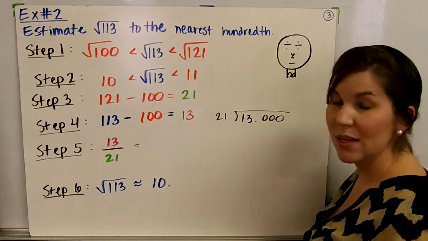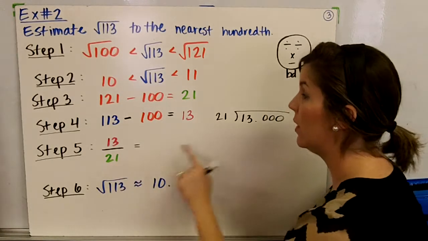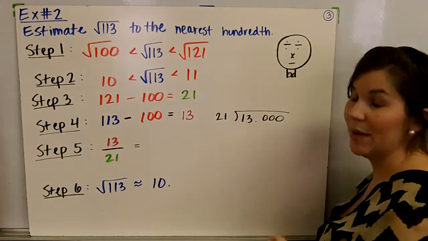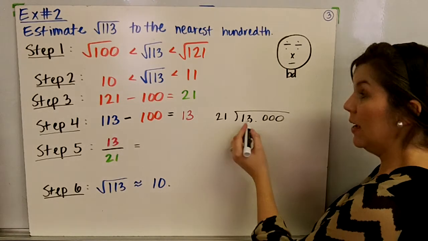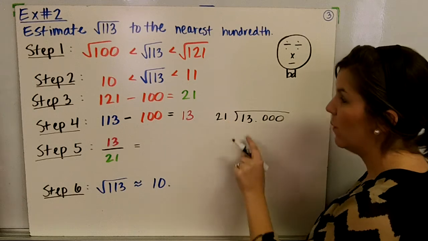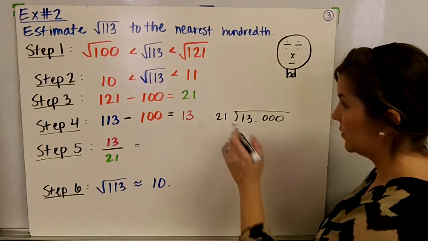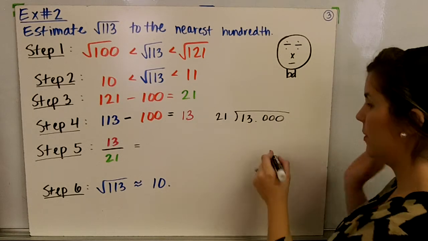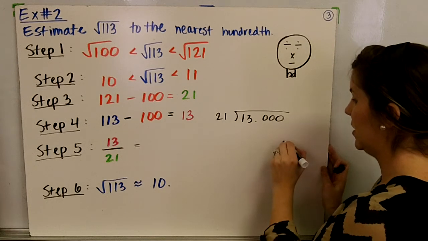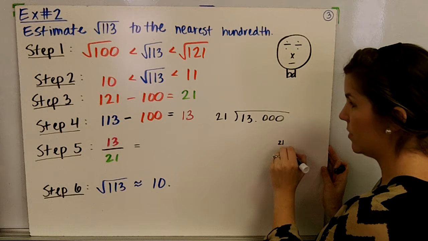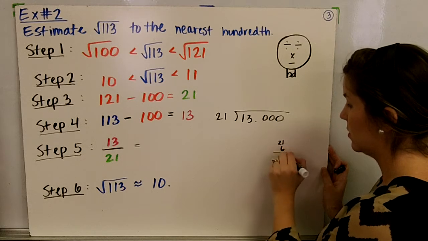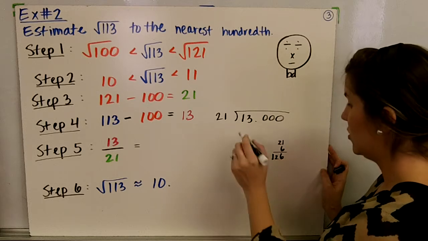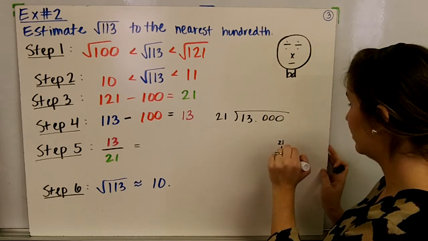And again, we can set this up and do it by hand. So 21 goes on the outside because it's in the bottom, and 13 goes on the inside because it's on the top. We need some extra zeros because 21 doesn't go into 13. So 21 goes into 130, let's see how many times, 21 times 6.